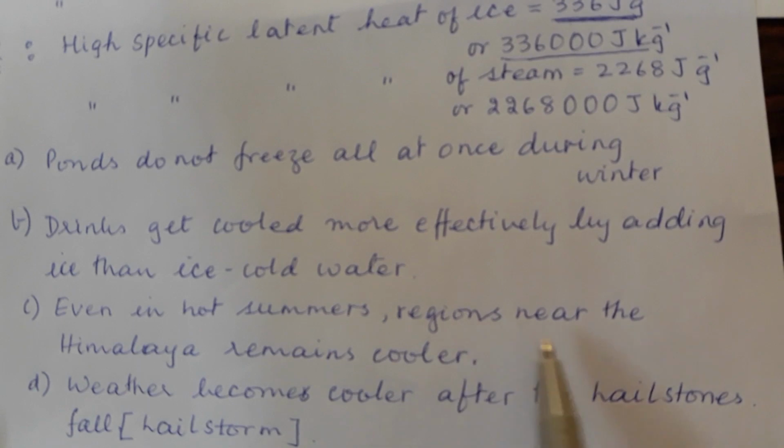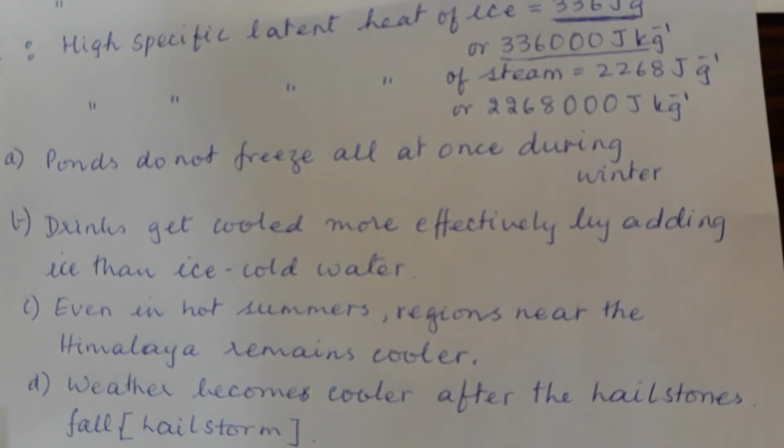So we come to the next one. Even in hot summers, the regions near the Himalayas remain cooler, and the reason for this is Himalaya will have tons and tons of ice over there, and so what will happen? It will have to have more heat required to melt the ice.